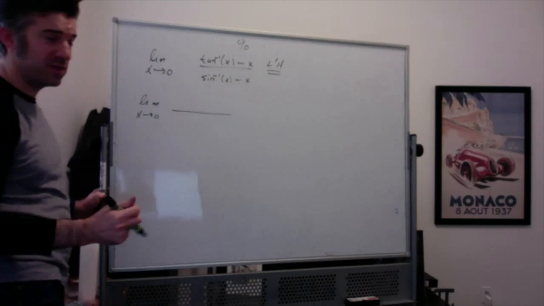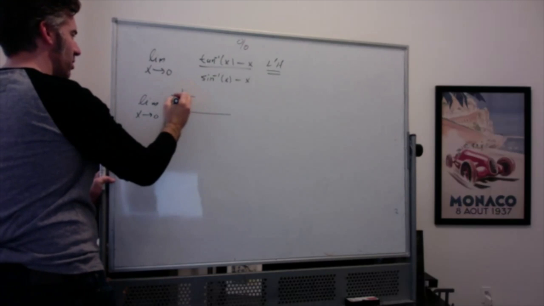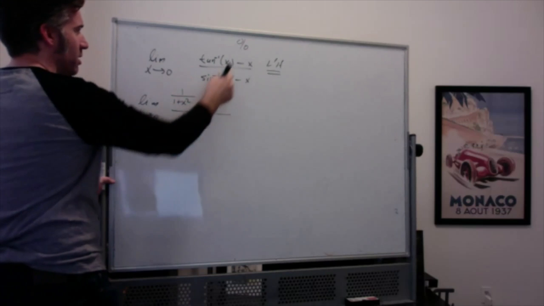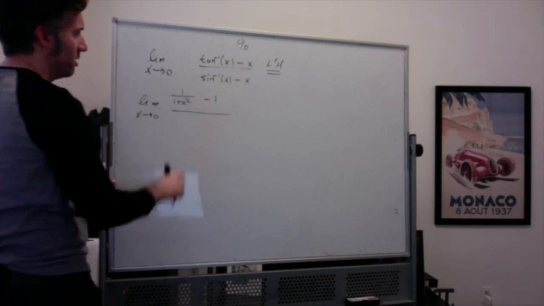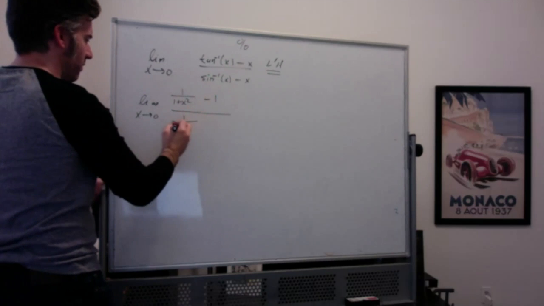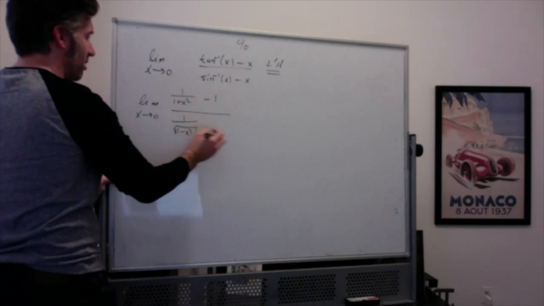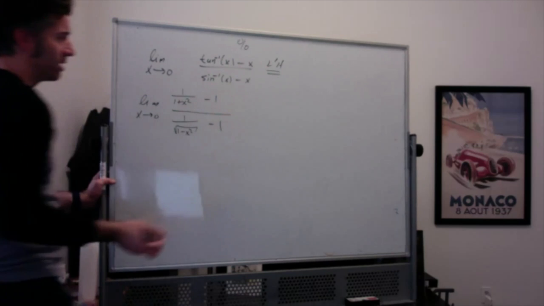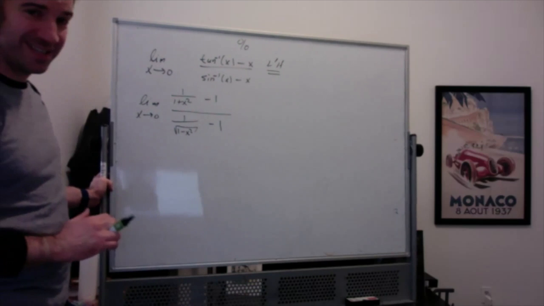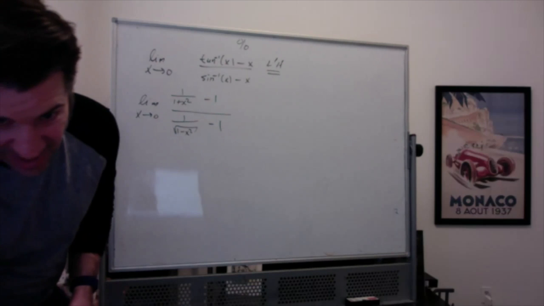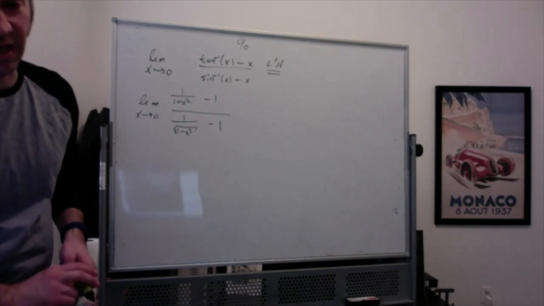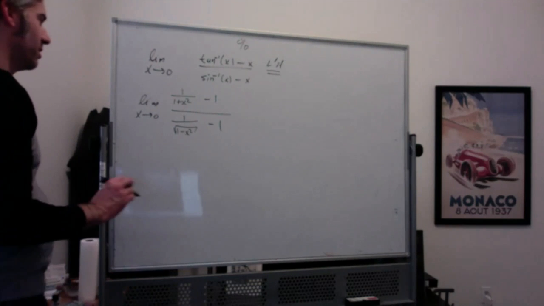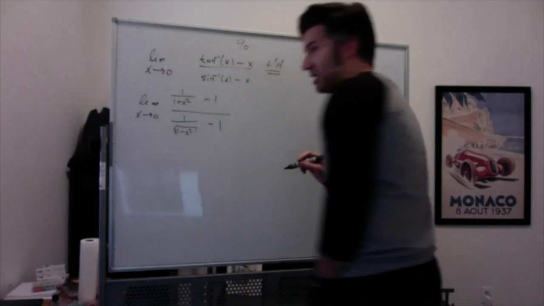The derivative of the inverse tangent of x is 1 over 1 plus x squared. Derivative of x is 1. Derivative of inverse sine is 1 over the square root of 1 minus x squared, minus 1. If you plug in 0, guess what? You still have a 0 over 0 type. How exciting.